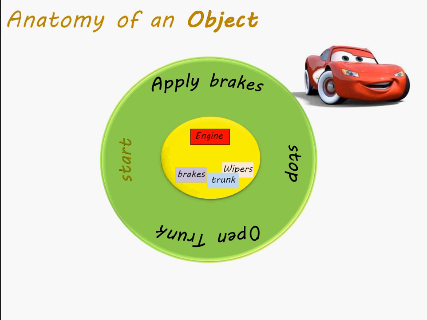Now, for example, if we do the start operation, it's going to change the status of the engine. If we do stop, it's going to stop the engine. So, what do we understand from this? The operations can alter the state of the attributes. In other words, operations affect the attributes.